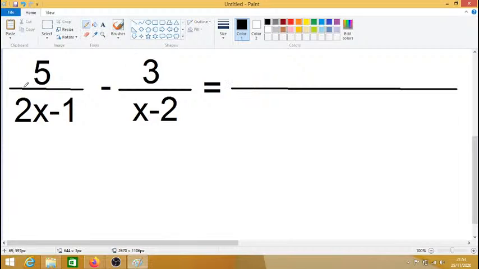Hopefully you remembered to put some brackets in. Okay, and the cross and the smile to help you just remember which bit to multiply with which bit.